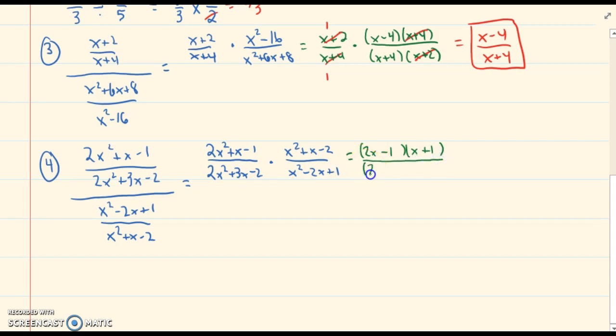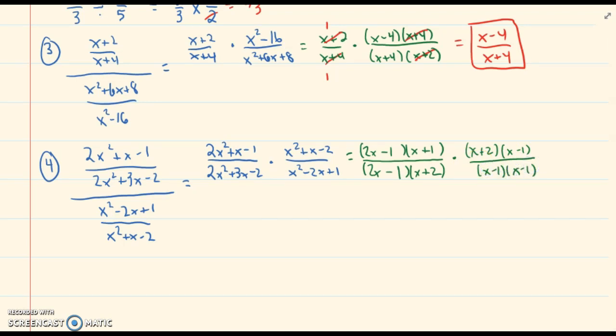In the denominator, I've got a 2x and an x. I think I see where this is going. This would be a plus 2 and a minus 1, which would give us that middle term of 3. In the numerator, x plus 2, x minus 1, and the denominator, x minus 1 times x minus 1.